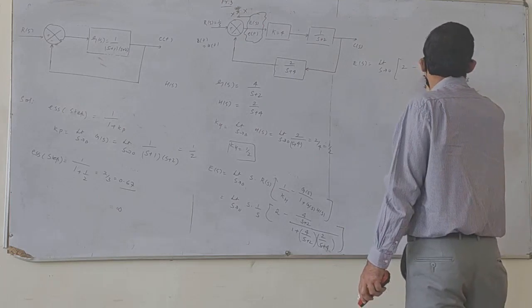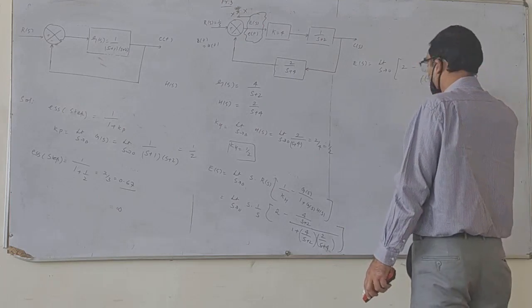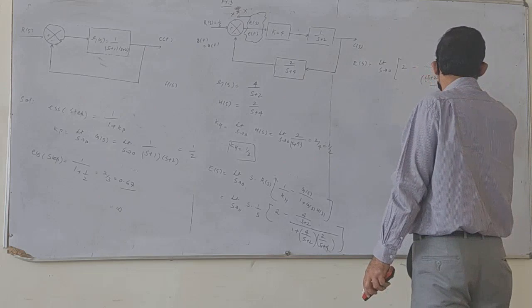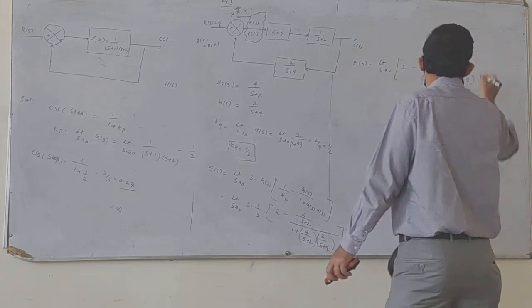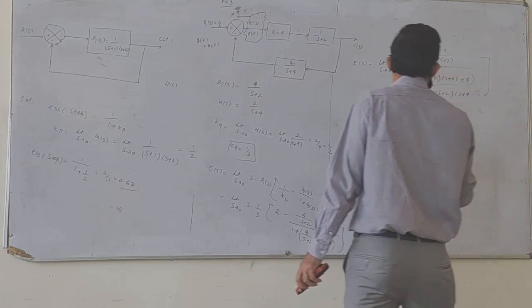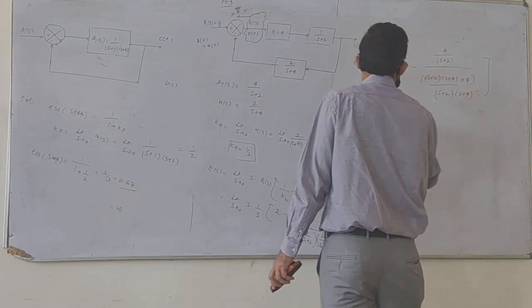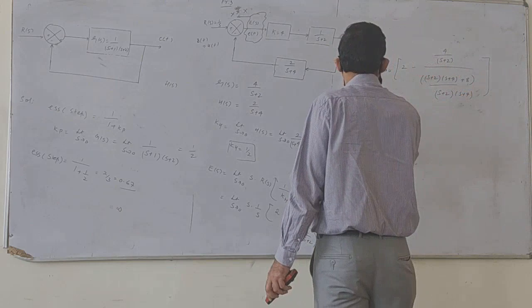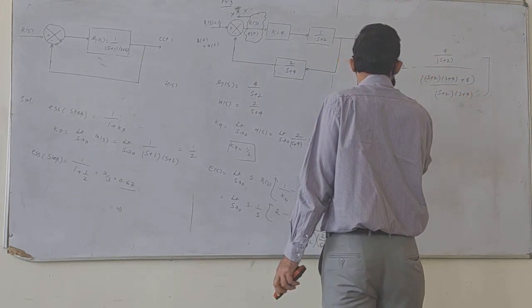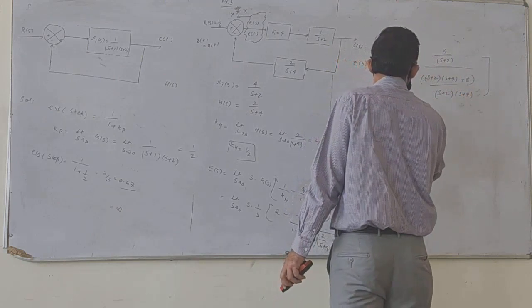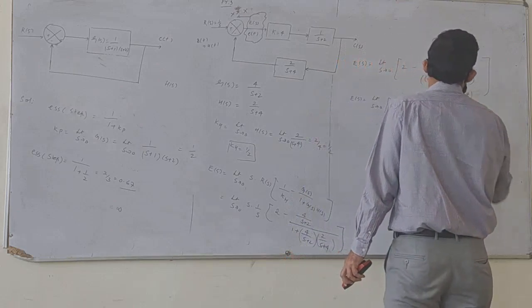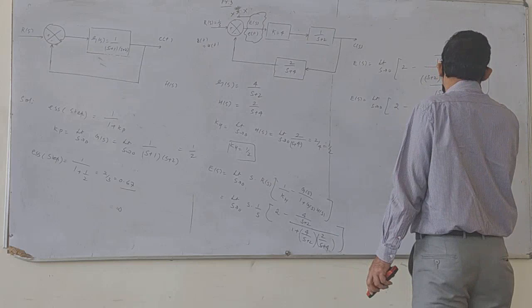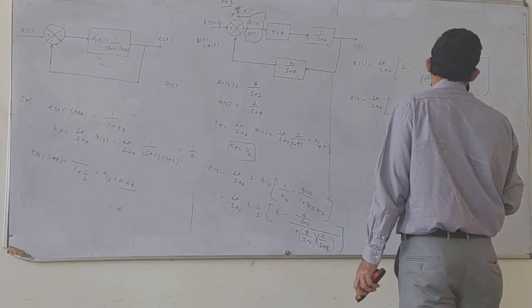Okay. And that will be divided by (s+2)(s+4). Now (s+2) gets cancelled. The steady state error will be the limit as s tends to 0 of 2 minus 4 divided by (s+4) multiplied by (s+4), because (s+2) will get cancelled.